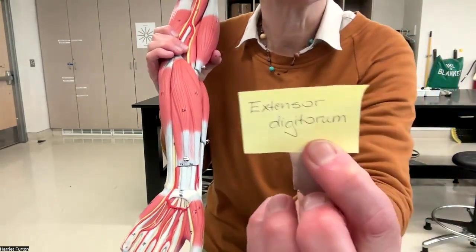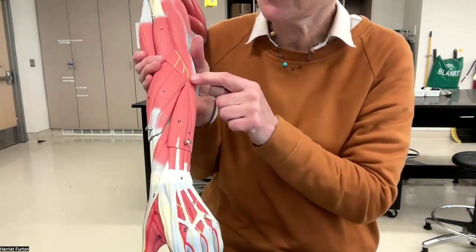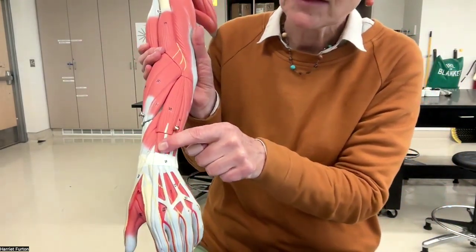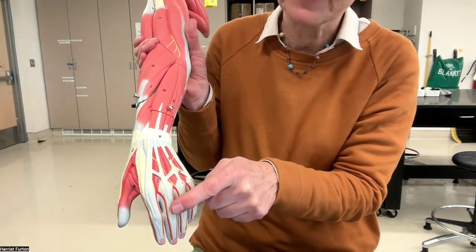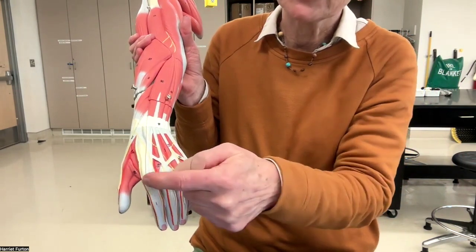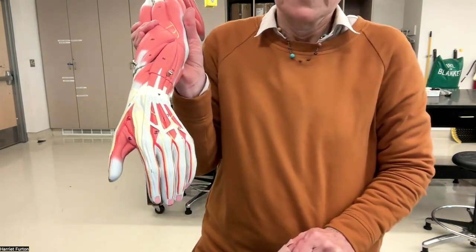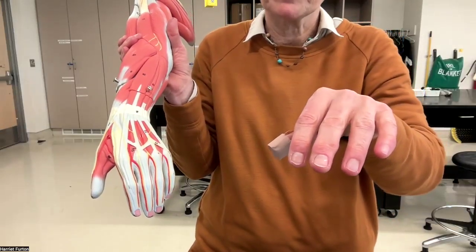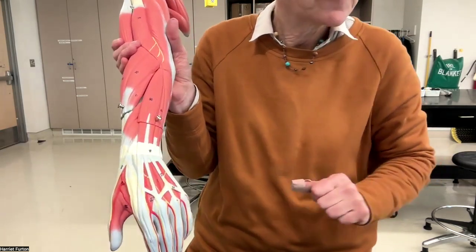Extensor digitorum, another extensor, goes into the digits from the lateral epicondyle all the way to the dorsal surface of phalanges 2 through 5. It extends the metacarpophalangeal and the interphalangeal joints.